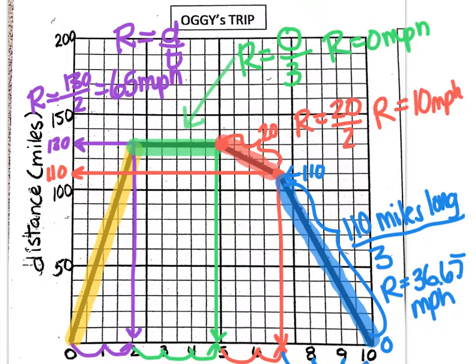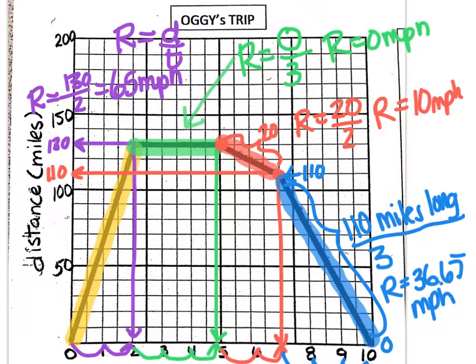And then finally, our last piece of the graph starts here at 110 miles and takes us all the way home. So this entire piece is 110 miles long. And it took us from here to here 3 hours. So I did 110 miles divided by 3 hours, which gave me 36.67 miles per hour.